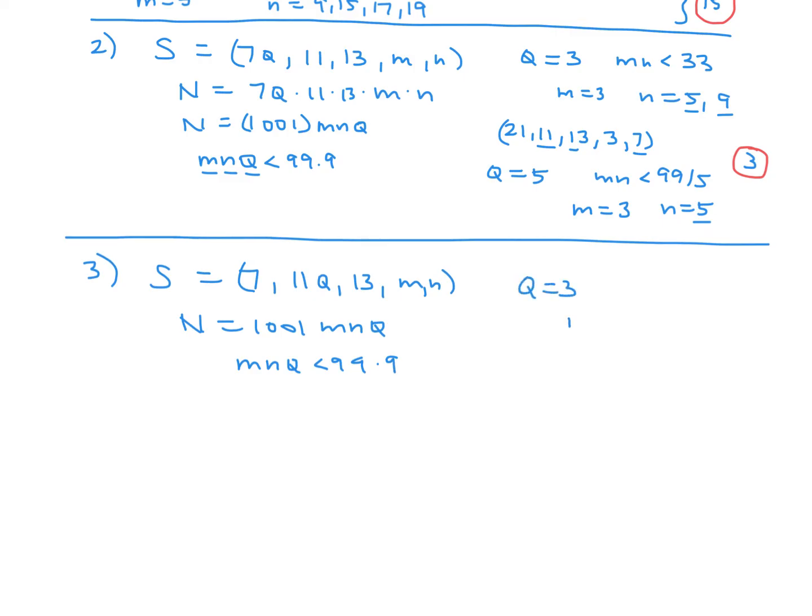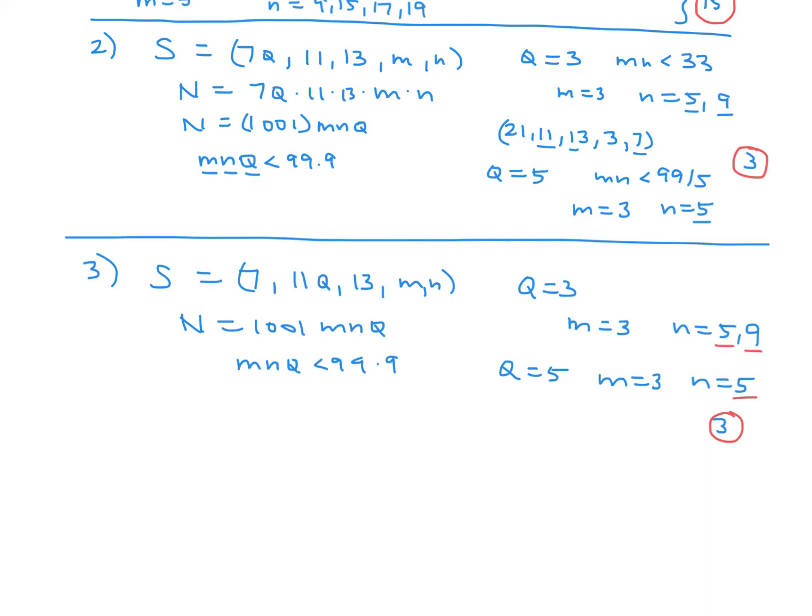If that's the case, m will be 3 and n therefore will be 5 and 9. And if q is 5, m will be 3, n will be 5, and that sort of is the only ones that will ensure that the rules are followed and that you don't get any overcounts. So that's another 3 that I got. 1, 2, 3, like that.